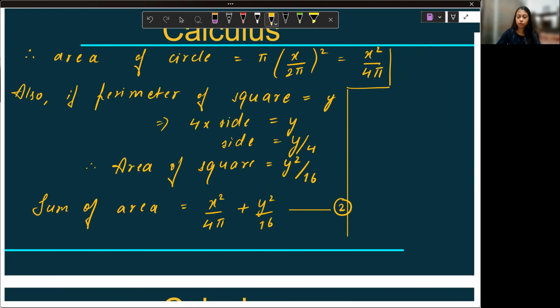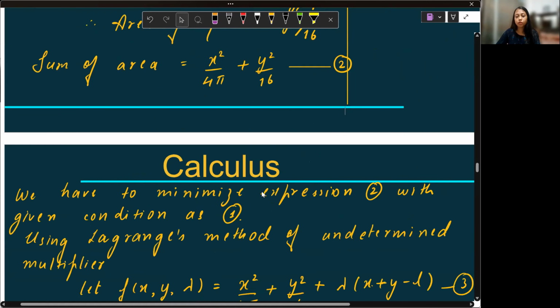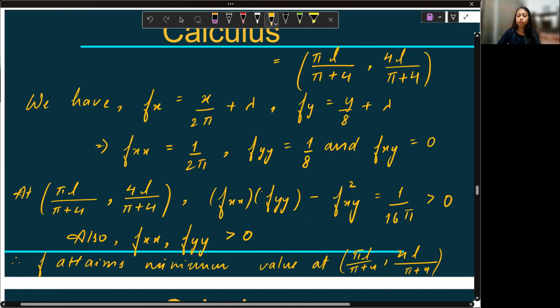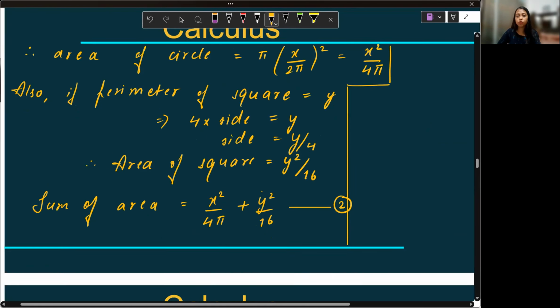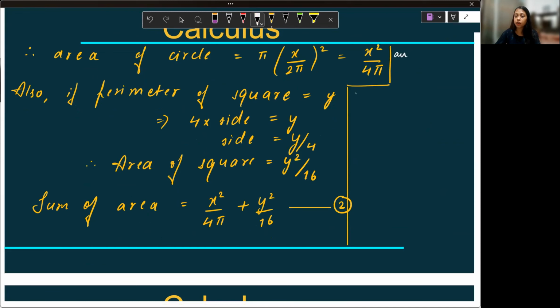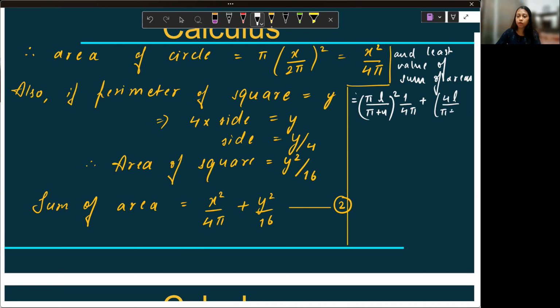This is the point I want to substitute. And the least value of sum of areas is equals to pi L by pi plus 4 whole square, divided by 4 pi, plus y square by 16. So 4L by pi plus 4 whole square, by 16.